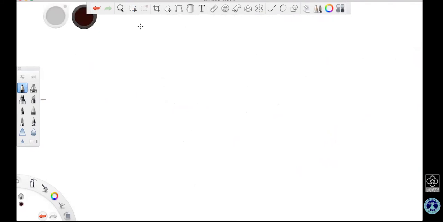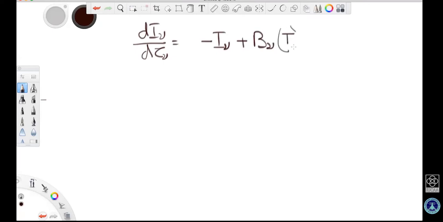Suppose now I talk about radiation passing through matter which is in thermal equilibrium. So dI nu, I'm going to write this equation again so that you look at it. Some radiation is being absorbed out, and instead of the source function, now I'll have black body radiation which depends on the local temperature. As we have solved, I'll write the final solution in a slightly different way.